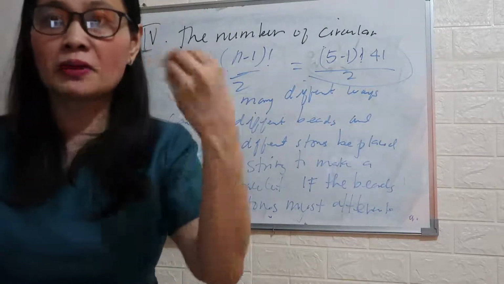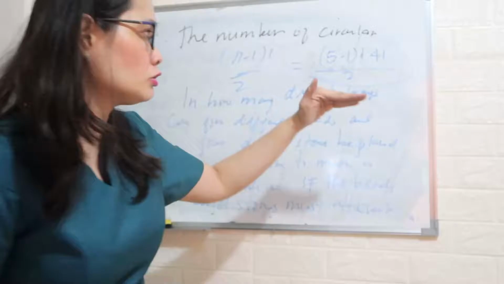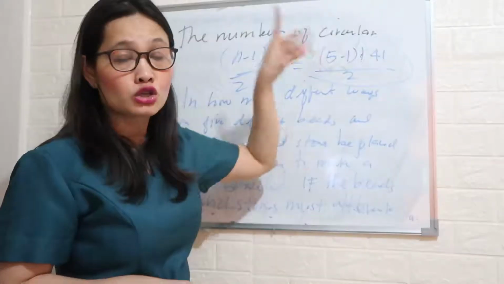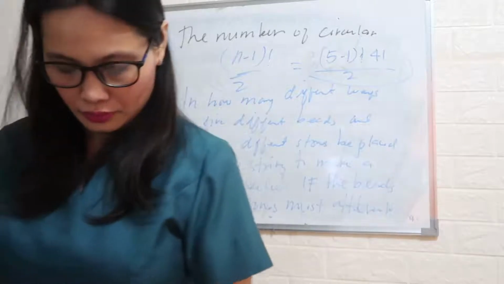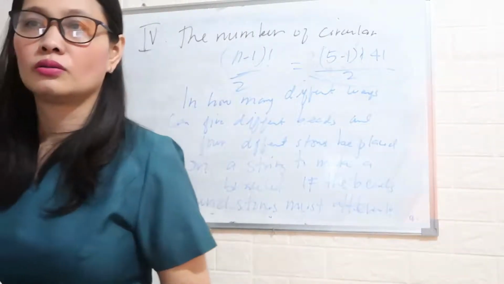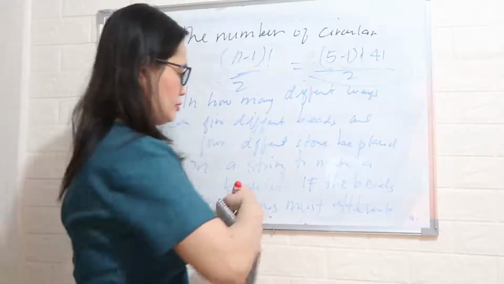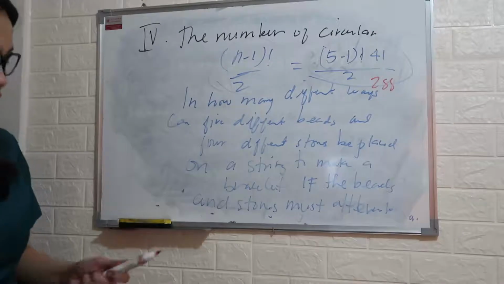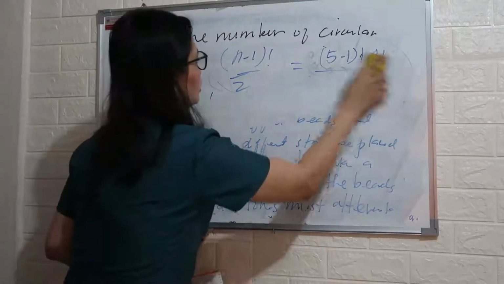But since the given is a bracelet, pwede siyang na-flip, so you need to divide it by 2. So 5 minus 1 factorial multiplied by 4 factorial over 2. So what is the answer? 288. Okay, 288 ways. Next, the 5th rule.